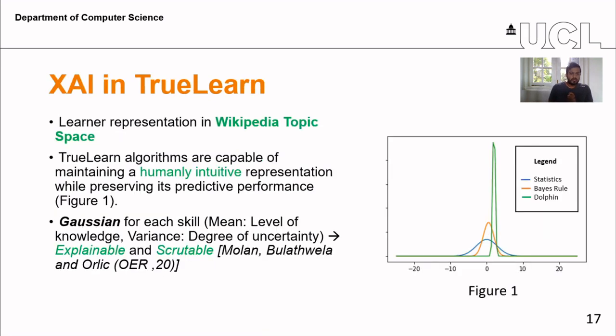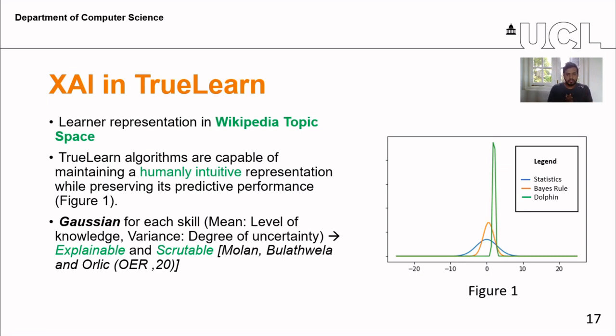So now I'm going to emphasize a bit more on the explainable AI side of the TrueLearn algorithm. As I explained earlier, the TrueLearn algorithm builds a learner representation which is in the Wikipedia topic space. What that means is all the different parameters that you learn in this model are Wikipedia topics or Wikipedia pages.